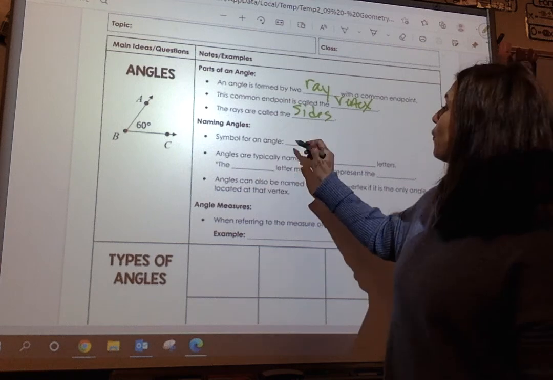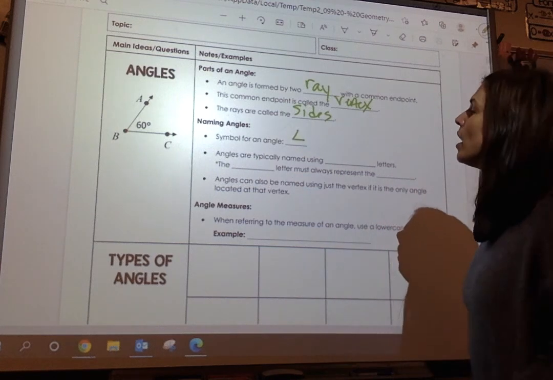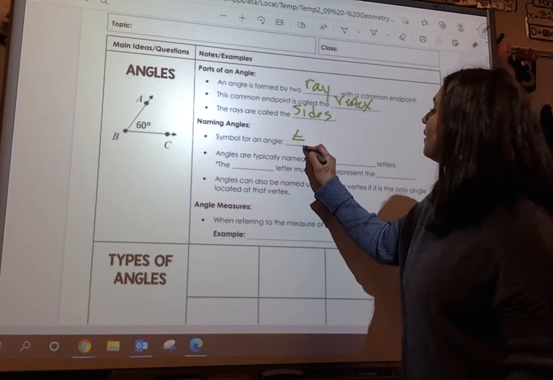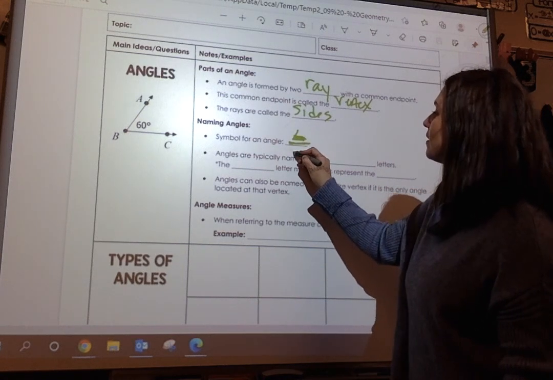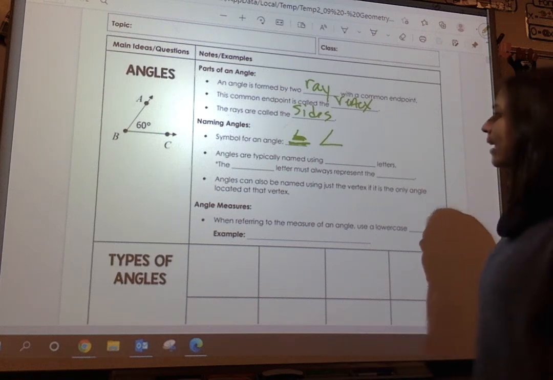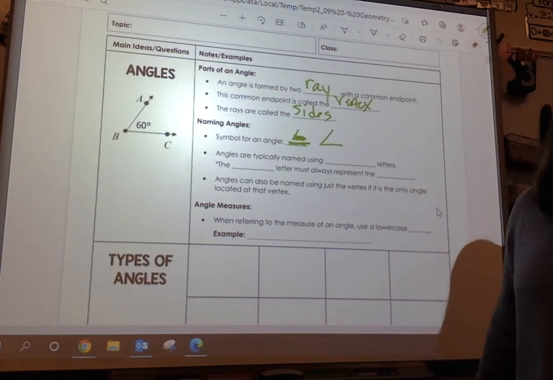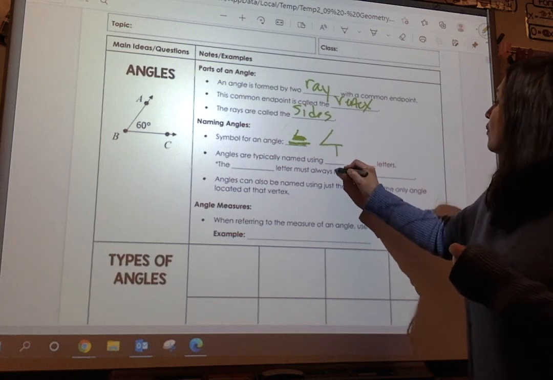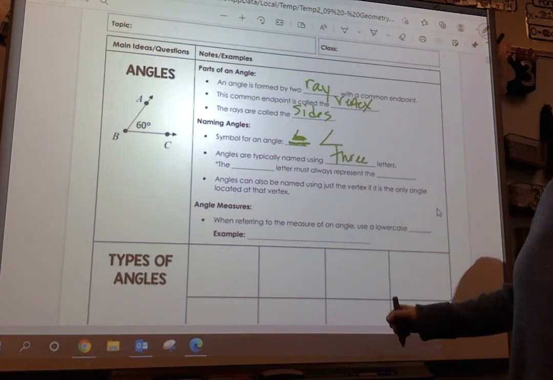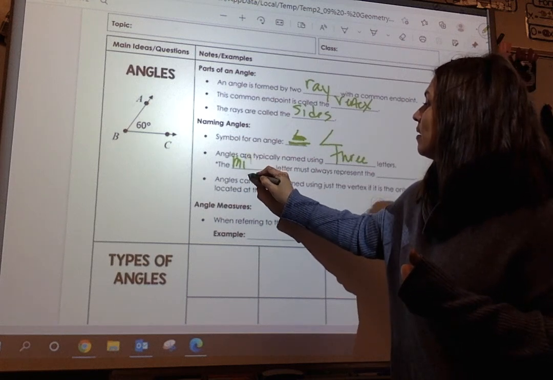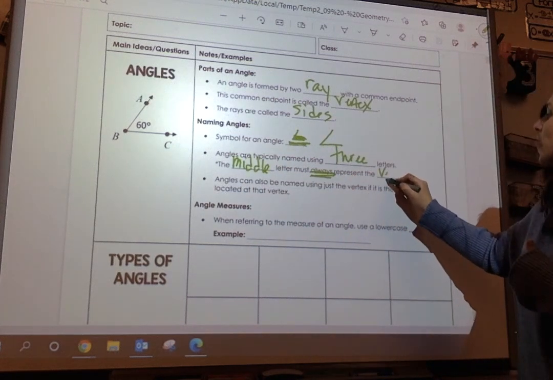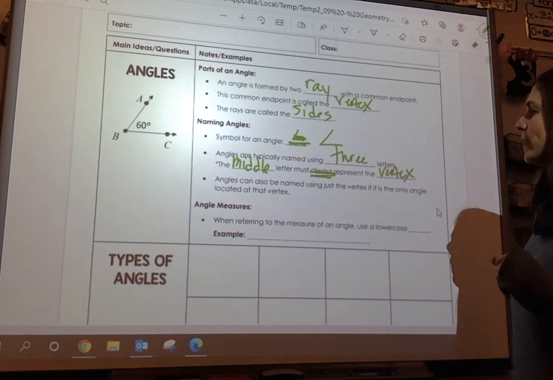Now, the symbol for an angle is this right there. It almost looks like a less than sign, except it's not. This line is parallel to this line, so it looks just like that. Angles are typically named using three letters. The middle letter must always represent the vertex, okay? And I'll show you why in a second.